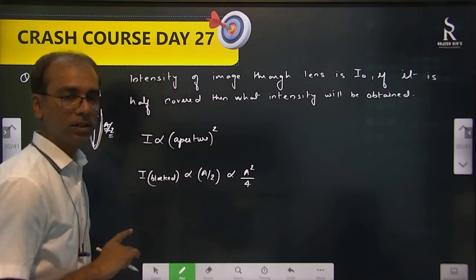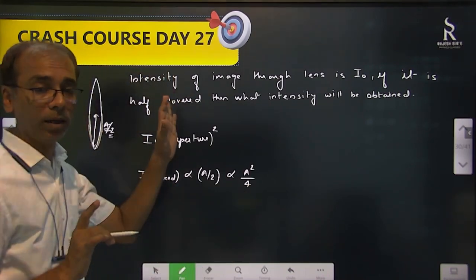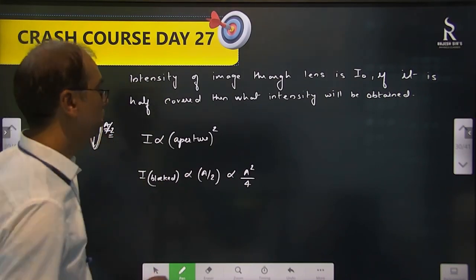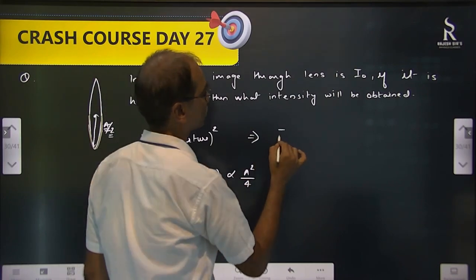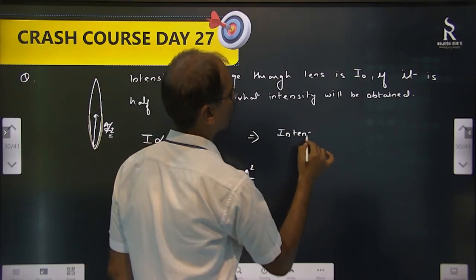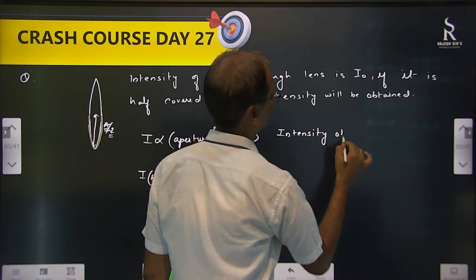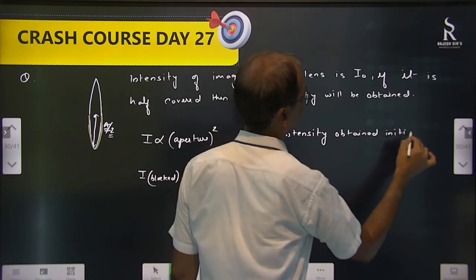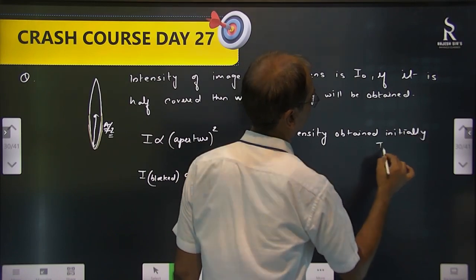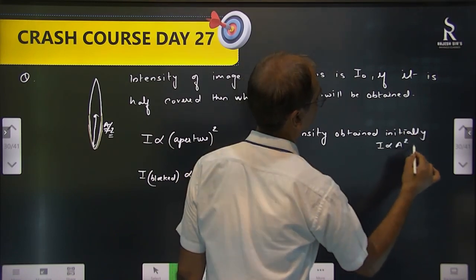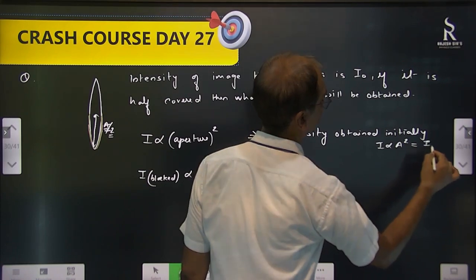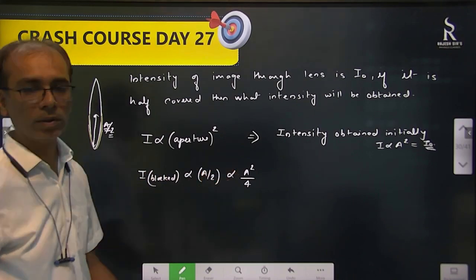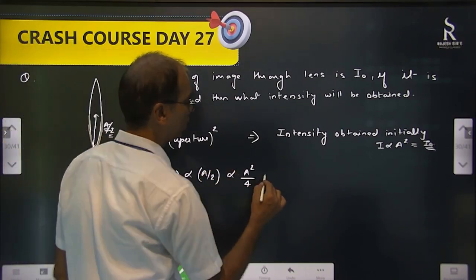Earlier, the intensity obtained initially was proportional to the total aperture square, A square, and this is what we are calling I naught. Here you have blocked something proportional to A square by 4. That means you blocked I naught by 4.